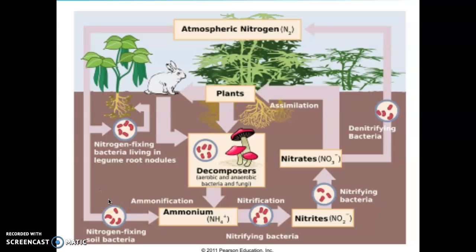Some crops such as alfalfa and beans are often planted in order to remedy the nitrogen depletion in soils, and nitrogen-fixing bacteria employ an enzyme that splits atmospheric nitrogen molecules into the individual atoms so that they can combine and form ammonium.